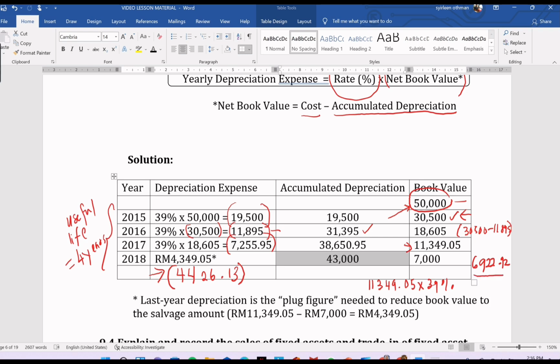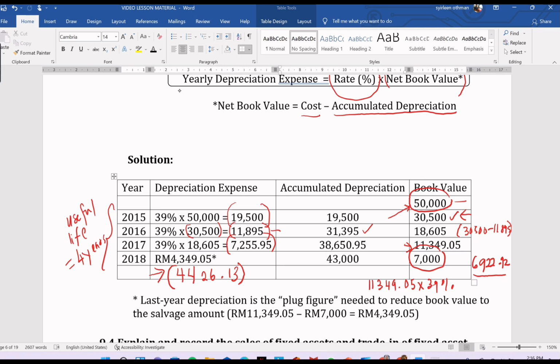So that means you do not comply with the requirement of the question. Because the question says the asset has a salvage value of 7,000. Meaning after 4 rounds of the depreciation process, the asset will only be left with a value of 7,000. So if I calculate as usual, I won't be getting 7,000. I'm getting 6,922 ringgit and 92 cents.